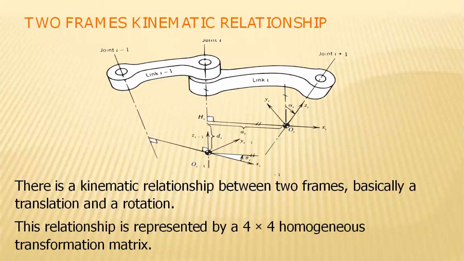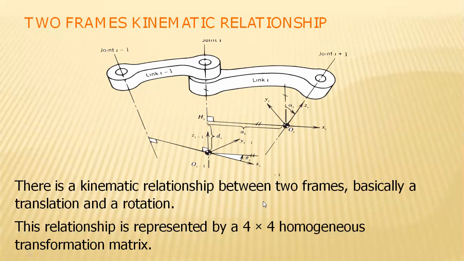And here, the two frames have a kinematic relationship, which may basically be a translation or a rotation. This relationship, in our 3D analysis, is approached with the homogeneous transformation matrix.